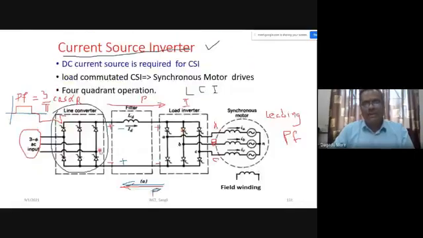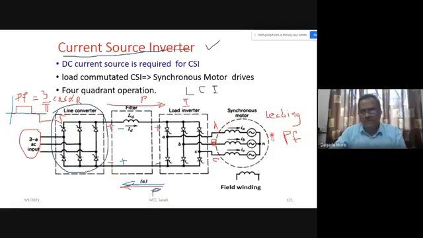And after that, we have shown the LCI fed synchronous motor drives, load commutated inverter fed synchronous motor drives, and we have shown that this particular drive is used for megawatt capacity. Here the input current is a quasi square wave and the power factor is 3 by pi cos alpha.